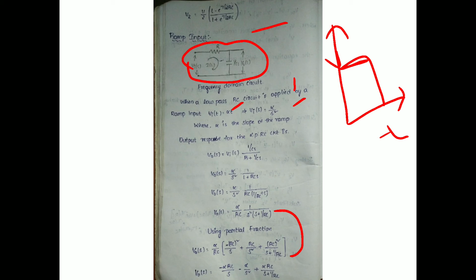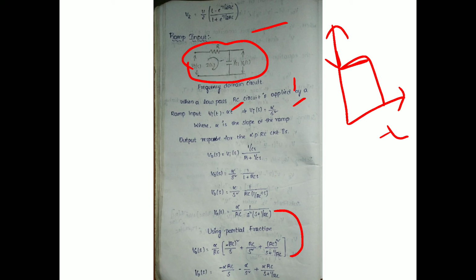Dividing through, we get alpha minus alpha RC by s minus alpha by s square. RC is cancelled, plus alpha RC by s plus 1 by RC.